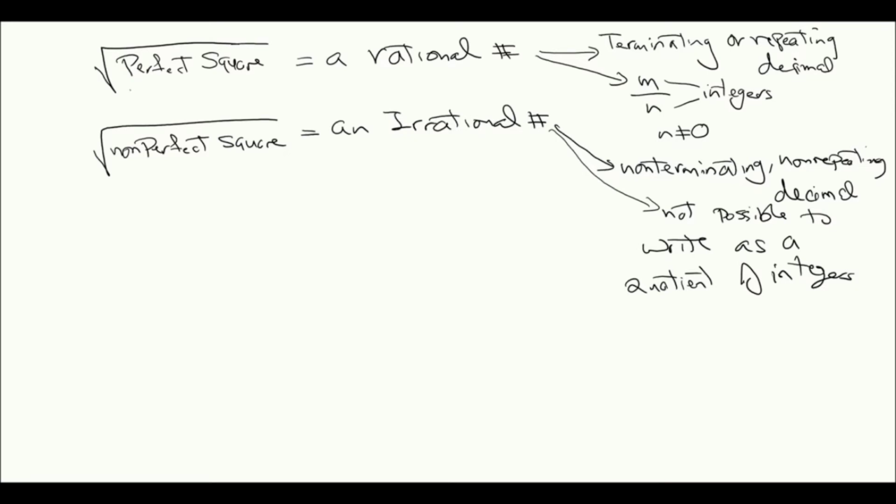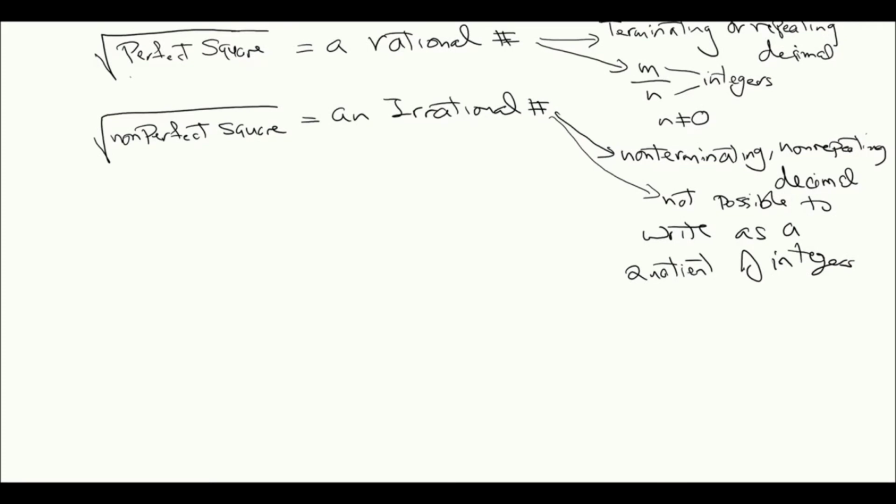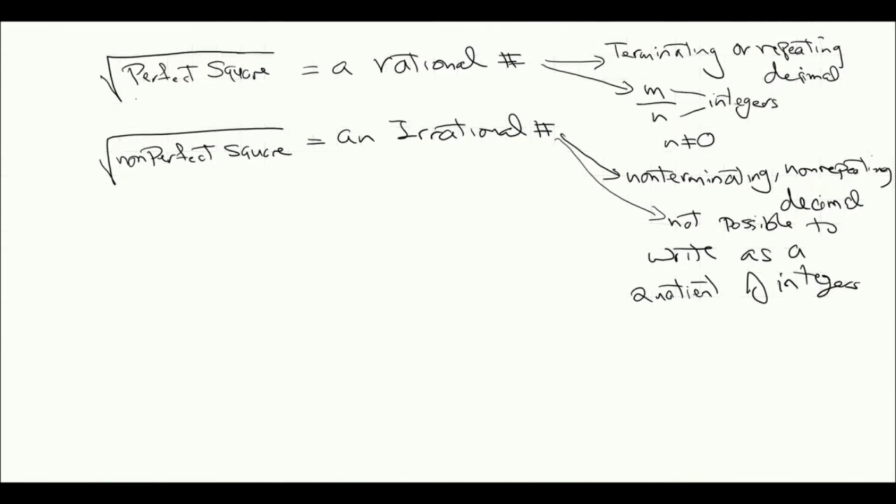And of course, there is one other special case we can talk about, and that is, what if we want to talk about the square root of a negative number? Such as the square root of -4.